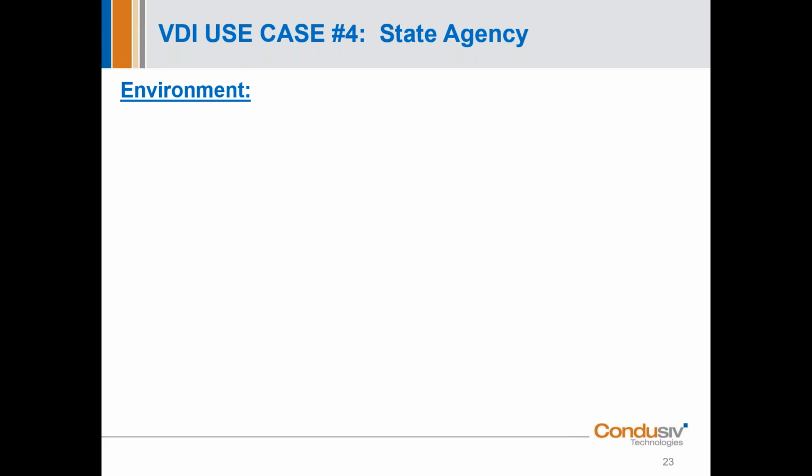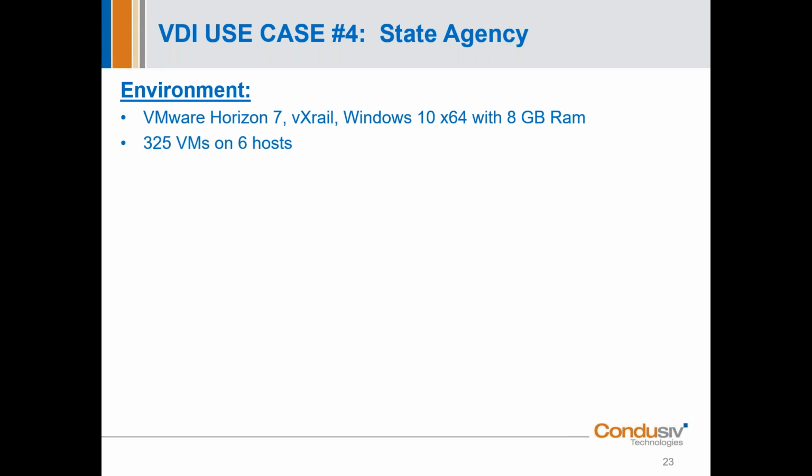Now, we just wrapped up this particular type of study with a customer. It's with a local state agency, and in fact, a partner had brought this to our footsteps here.